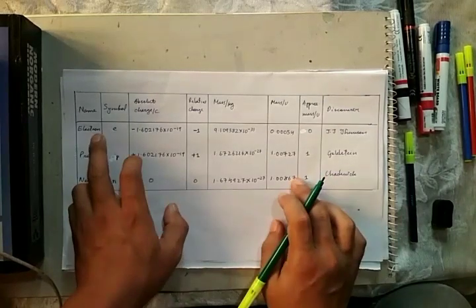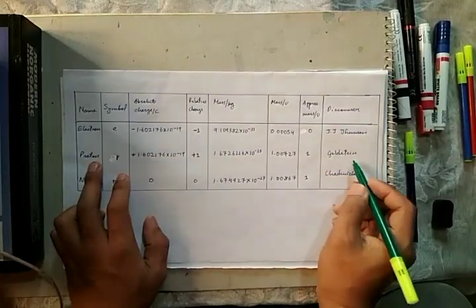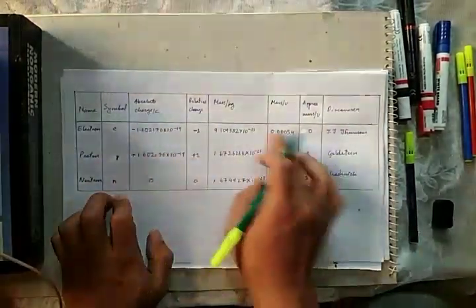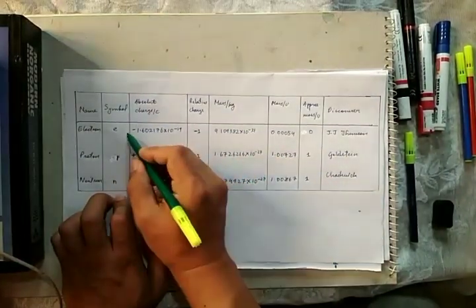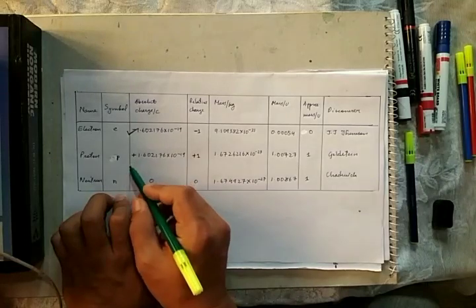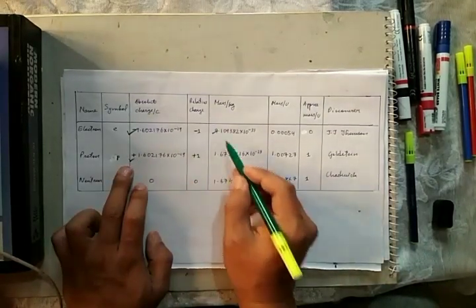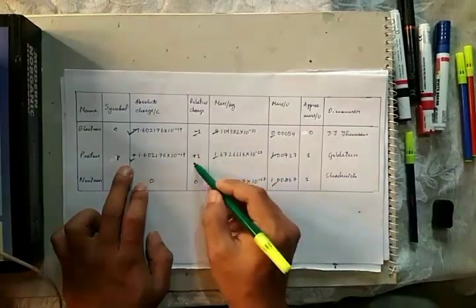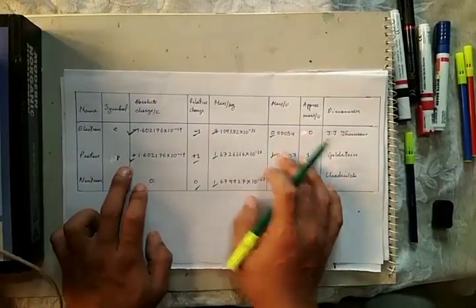The discoverer of the electron is J.J. Thomson, the proton Goldstein, and the neutron Chadwick. This is given in your textbook also, so remember these values, their mass and even the charge. Try to remember these values.